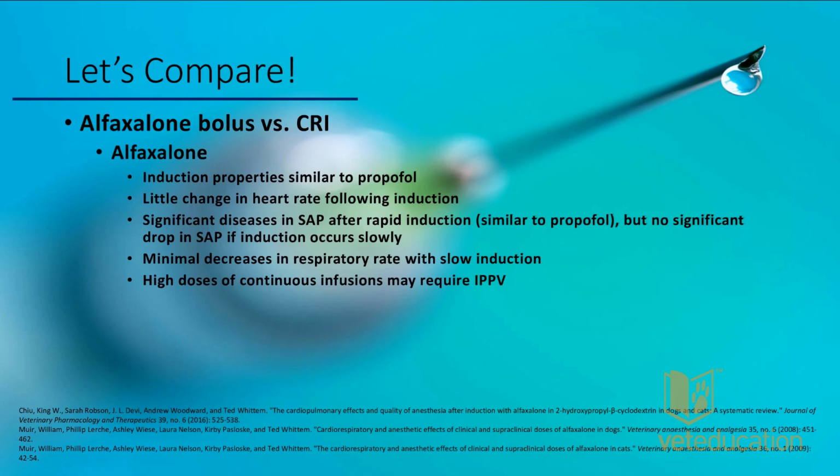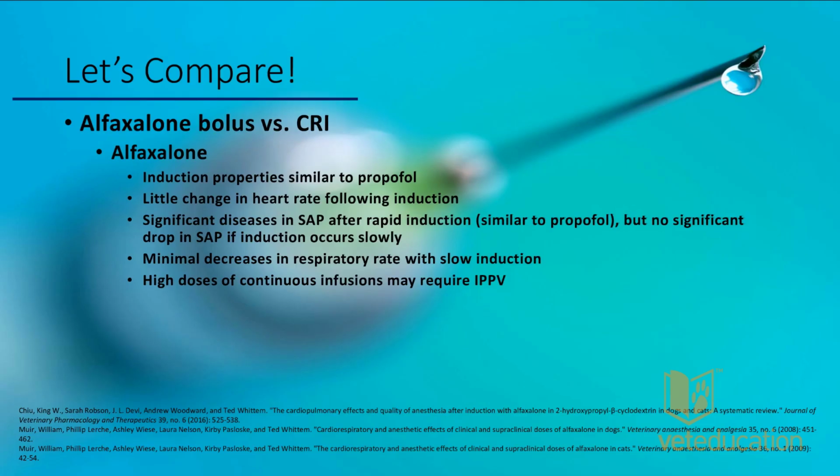With alfaxolone bolus, you see minimal decreases in respiratory rate with slow induction, and high doses of continuous infusions, as with propofol, are more likely to mean that your patients require intermittent positive pressure ventilation.